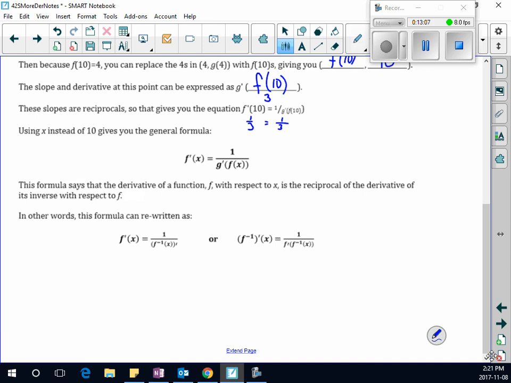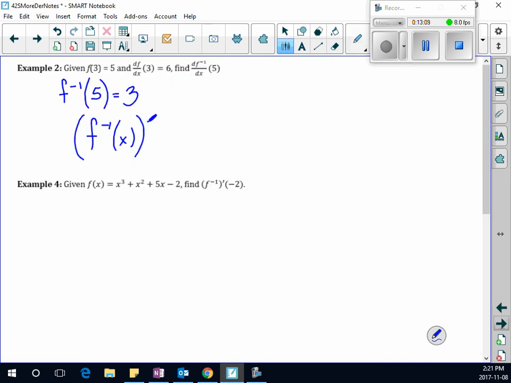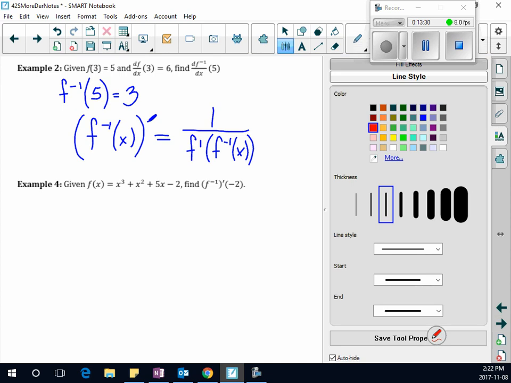So that's equal to 1 over, what was the formula again? f prime of the inverse of that. So all we're doing here is putting 5 in where this x is in the formula. Do you see this?